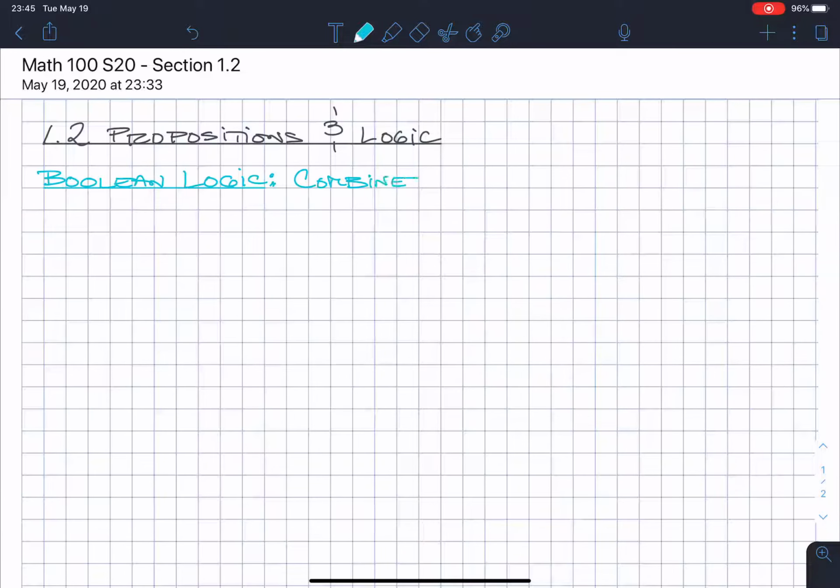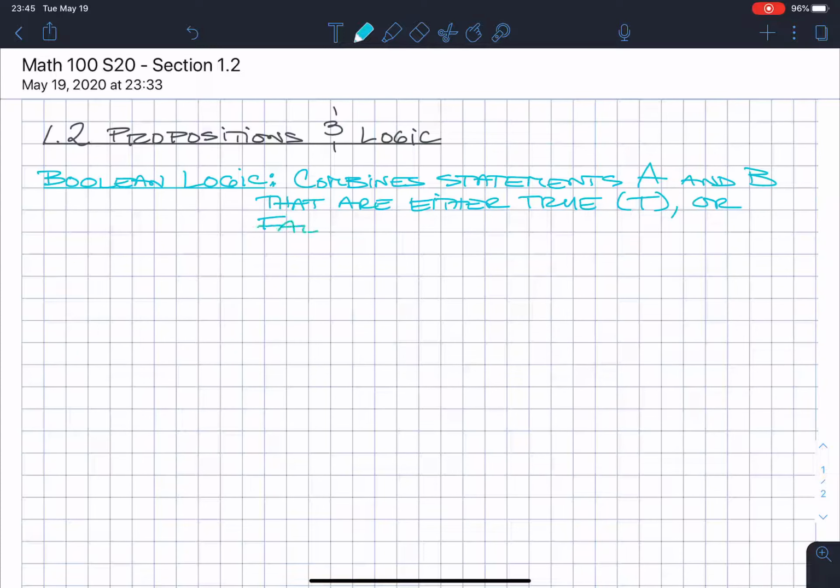So it combines statements, capital A and capital B. These are going to be placeholders for statements that are either true, which we're going to indicate with a capital T, or false, which we're going to indicate, of course, with a capital F.